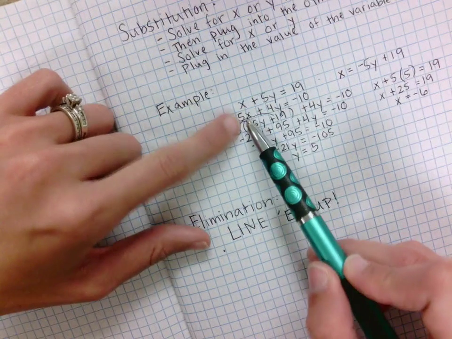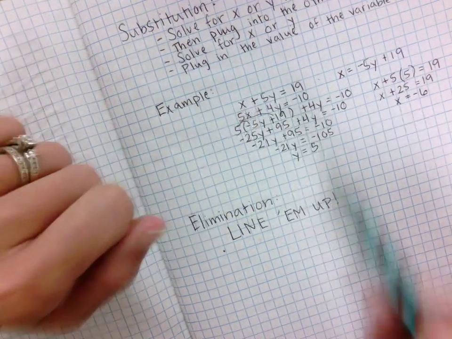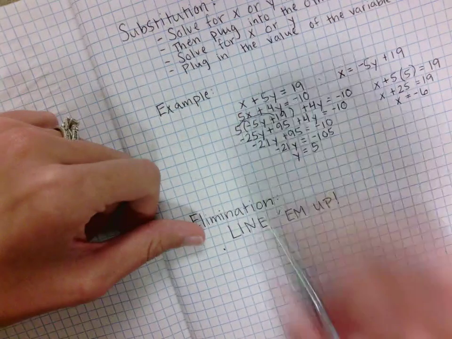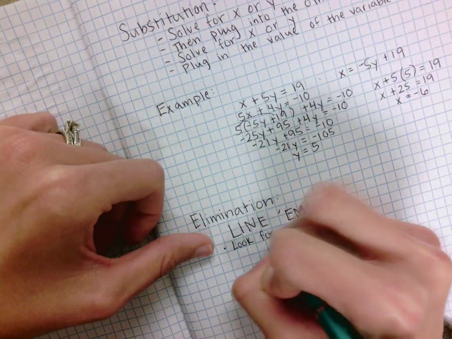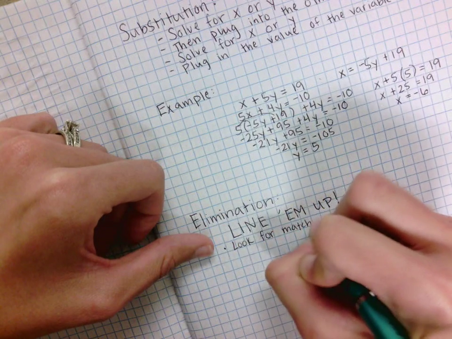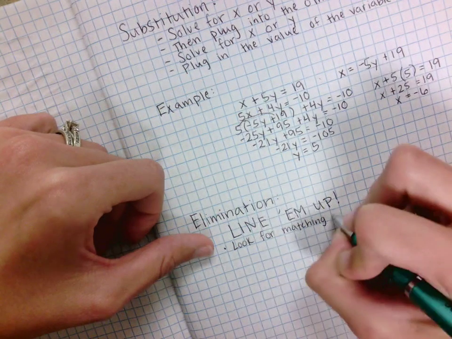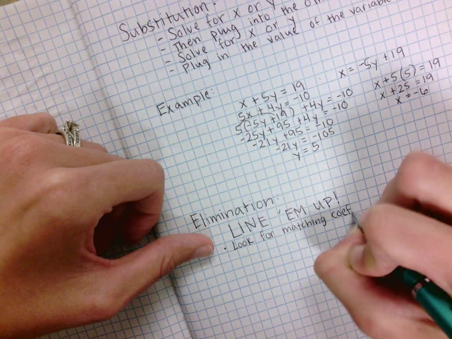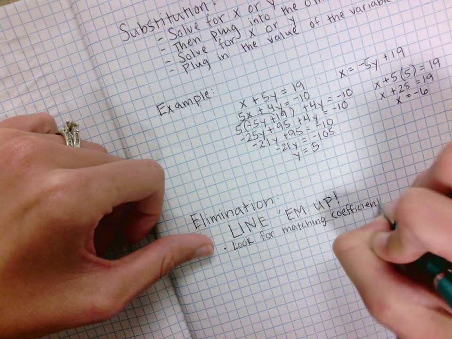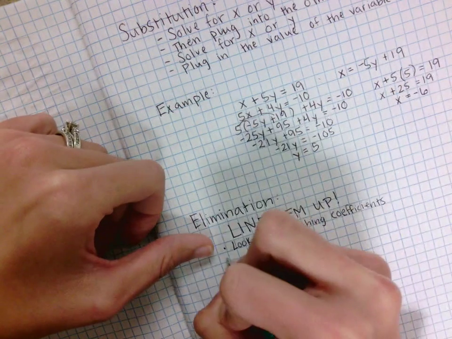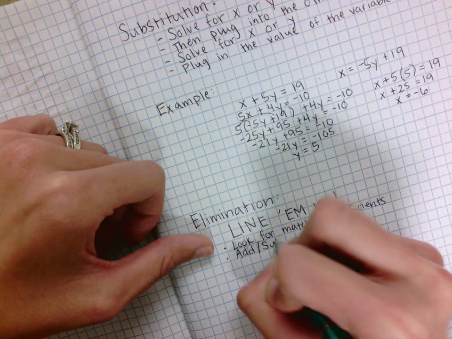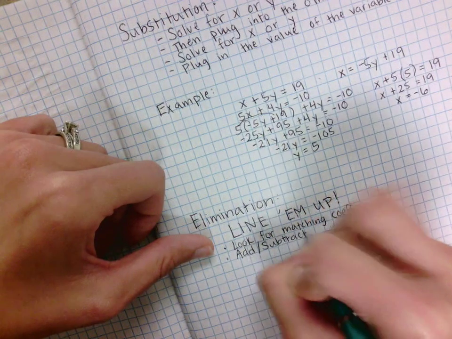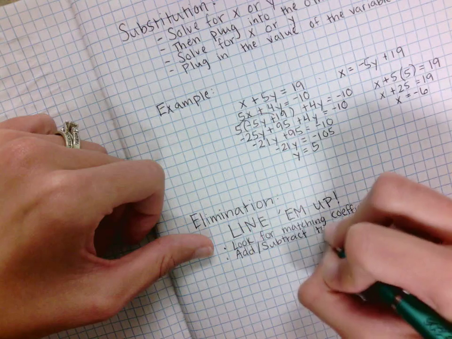You have to make sure that x's go with x and y's go with y. So line them up. Look for matching coefficients. And then add or subtract to eliminate.